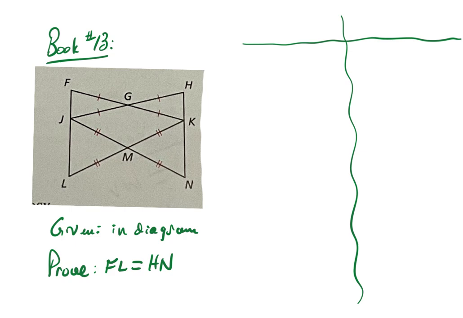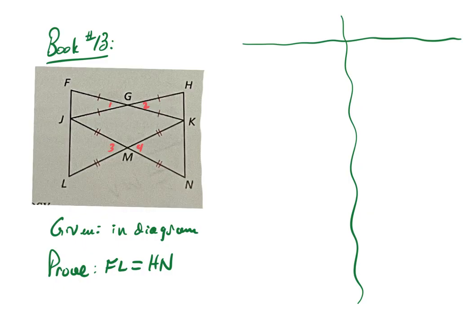Now I'm going to choose to do that by first adding a couple of angles to help myself out a little bit. I'm going to add a 1 and a 2 for those two angles right there. I'm going to add a 3 and a 4 to those two angles right there. That's just going to help me out so I don't have to use letters.